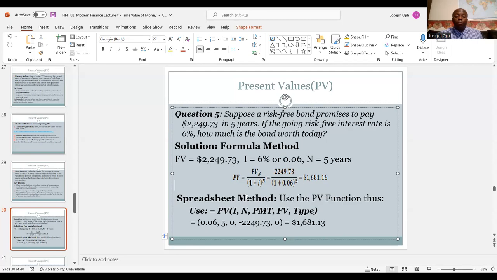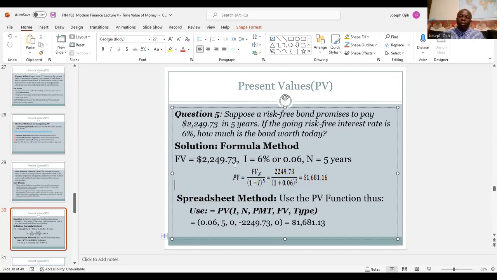Now, for the spreadsheet method, we use the numbers, put them in the spreadsheet, for example, Excel. Remember, we must show the direction of the cash flow using the negative sign. Now, here, in this question, the government or the corporation is paying you $2,249.73 for the bond after 5 years.